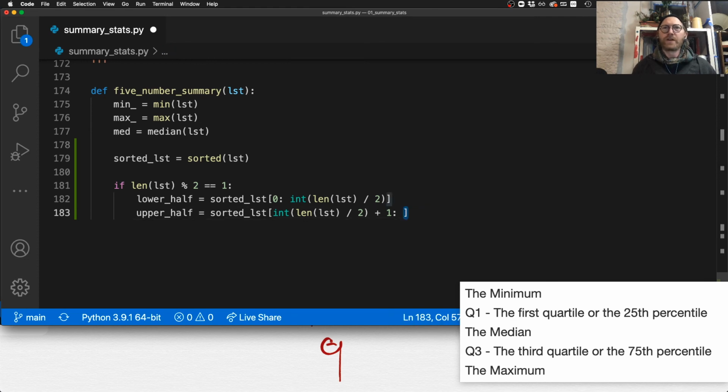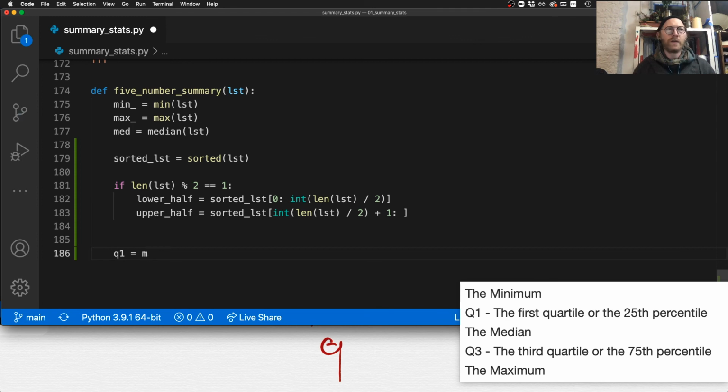I could put the length of the list here as our endpoint, but notice that's implicit in this statement. Colon blank is going to be implicit. In fact, I don't need this 0 here. I just put it in there so that it's clear what's going on. And then, so this will work for an odd length list. And I'll put in more code for the even length list in a second.